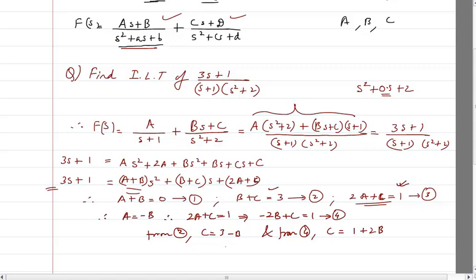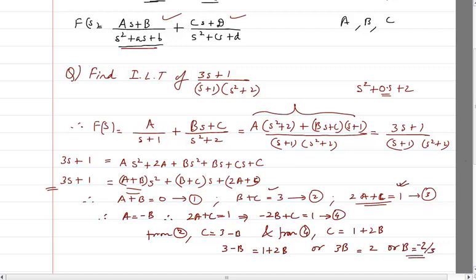Now I can equate these two, so 3 minus b is equal to 1 plus 2b, or 3b is equal to 2, or b is equal to 2 by 3.